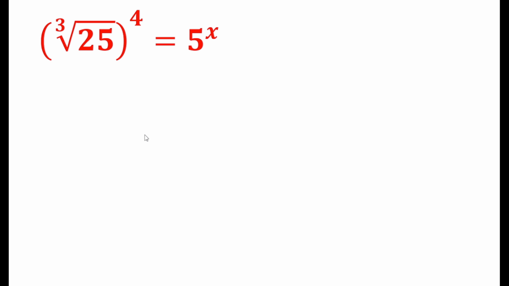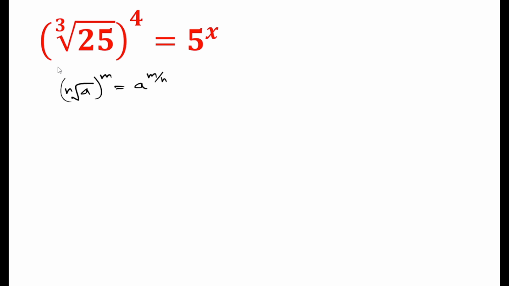Now first of all, let's simplify the left hand side of the equation. So here, what can we write instead of the third root of 25 whole to the power 4? Now we have to know the property of exponents: the nth root of a, whole to the power m, is equal to a to the power m divided by n, right?